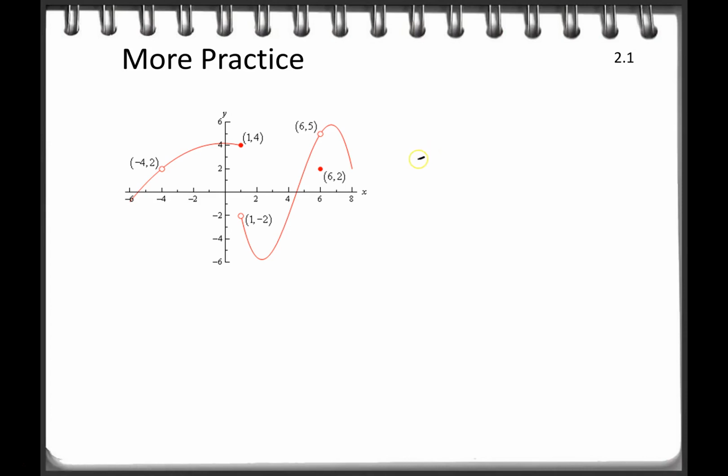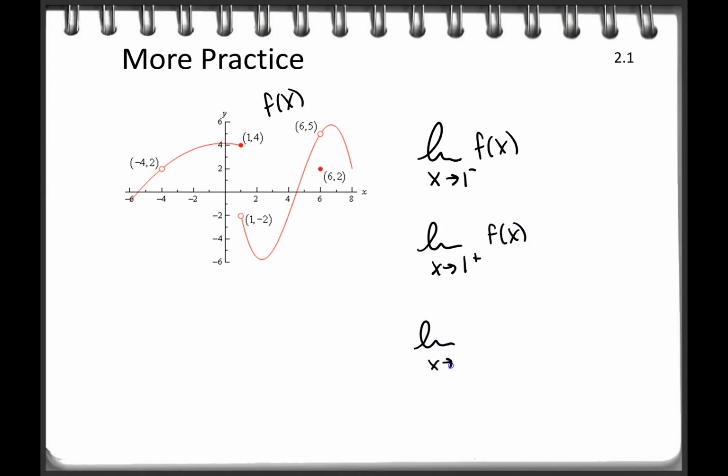I want the limit as x approaches 1 from the left, and we'll call this graph f of x. I want the limit as x approaches 1 from the right of f of x. I want the limit as x approaches 6, just as a review. We already did 1.